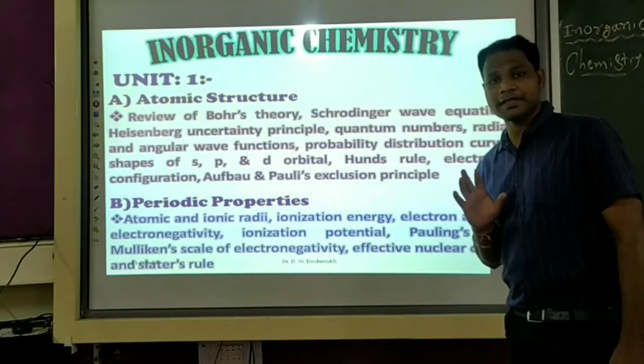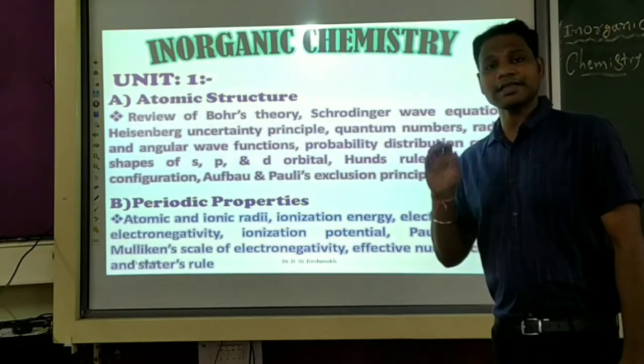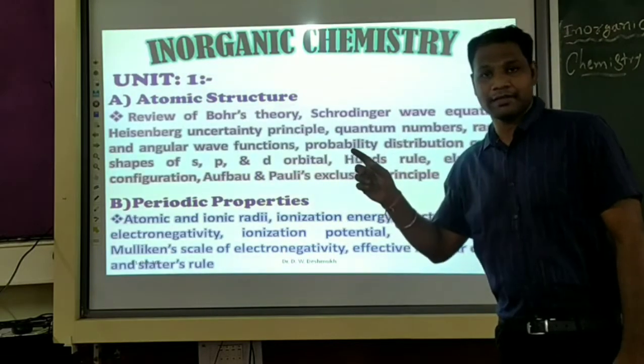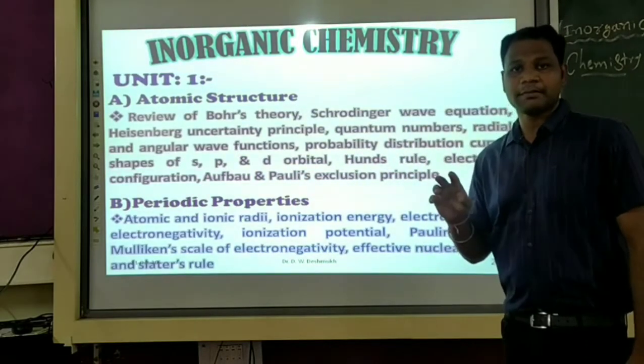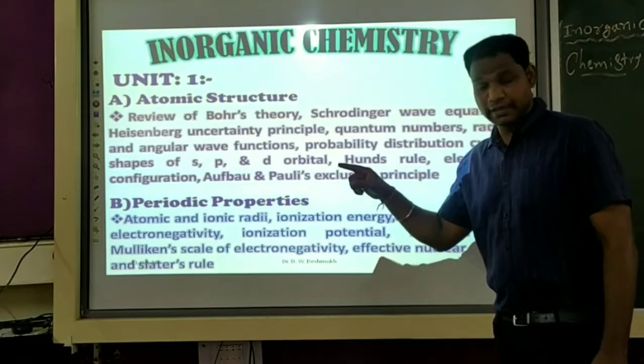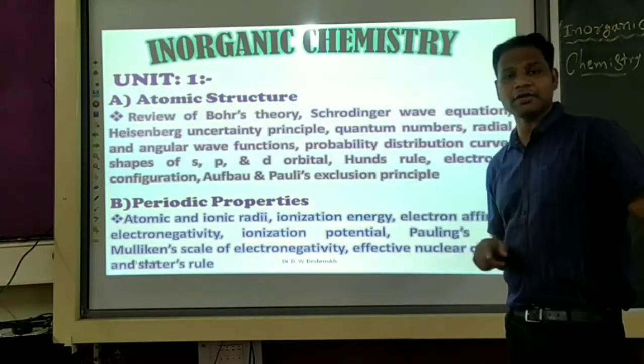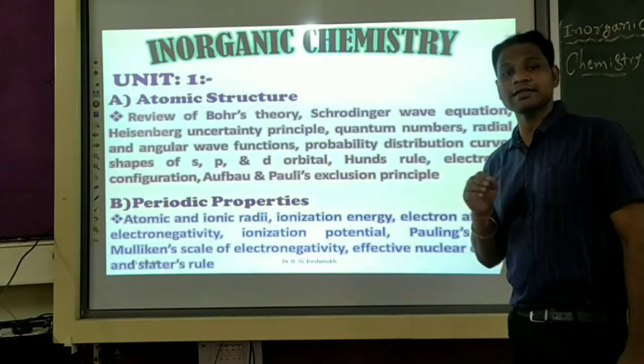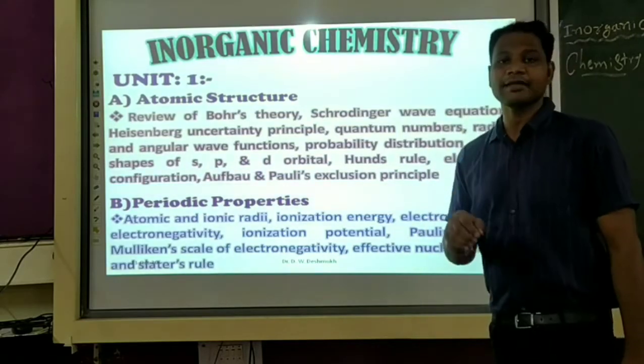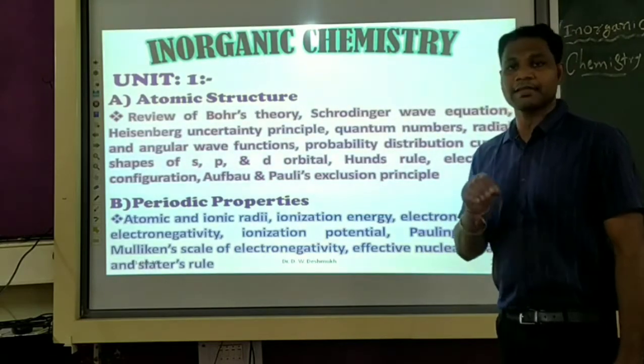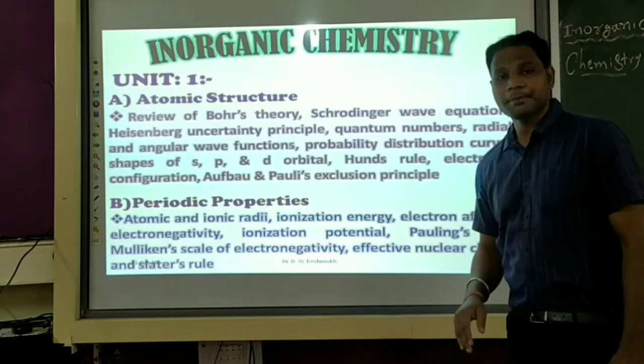Periodic properties are nothing but a sequence of elements in groups and rows. Means in vertical groups and horizontal rows, there is a certain sequence, means a certain trend followed by elements, called a periodic property.